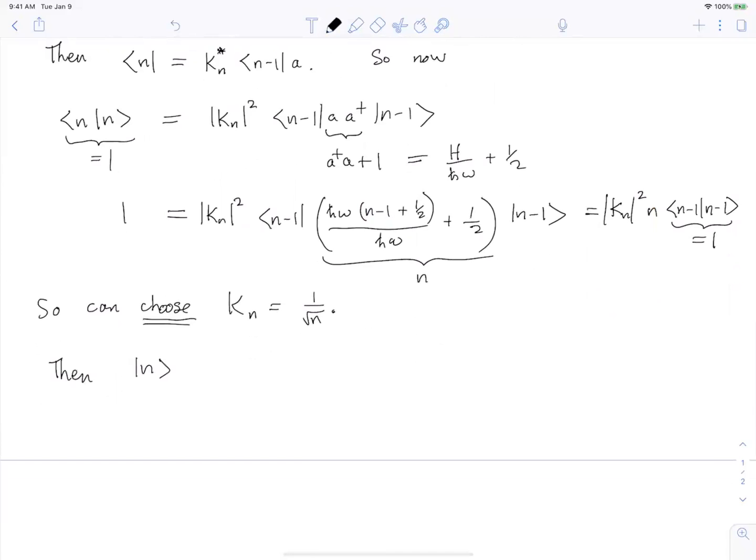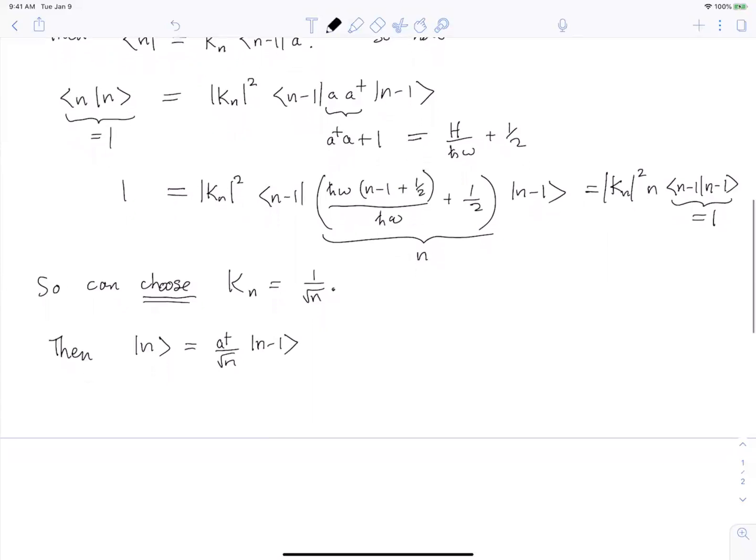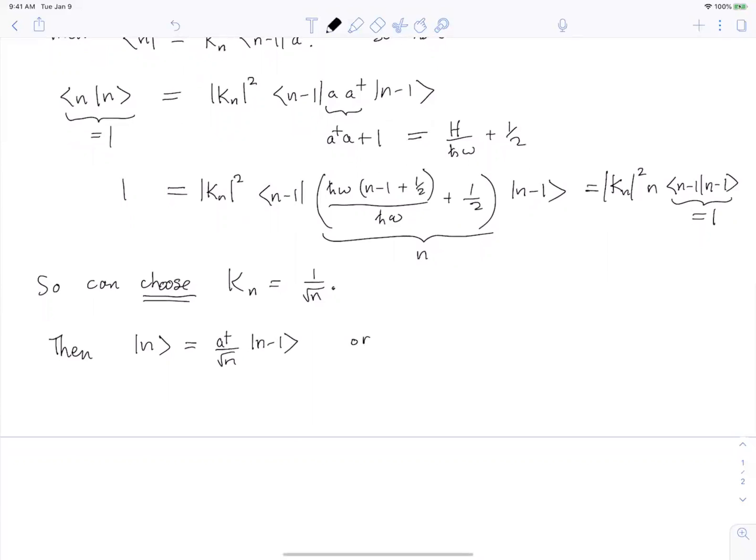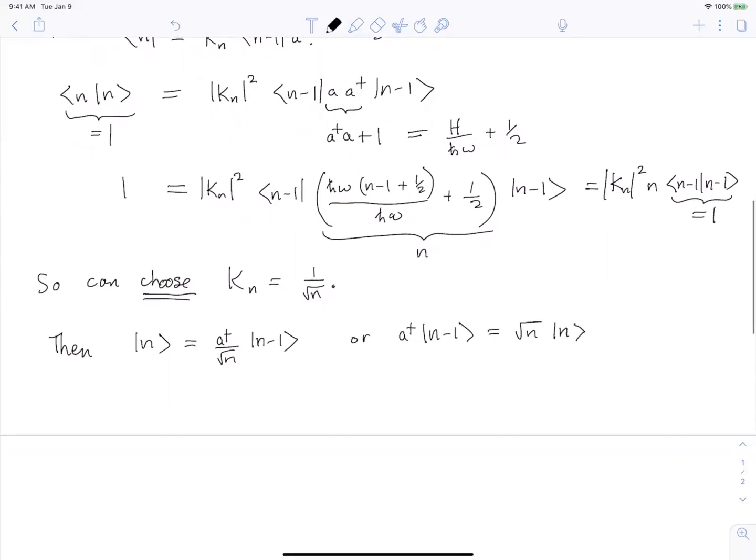Then once we've made that choice, what we've learned is that the ket n is a dagger over the square root of n times n minus 1. Or we can rewrite that by multiplying through by square root of n, and get a dagger acting on n minus 1 is the square root of n times n. Or we can now relabel n as n plus 1.